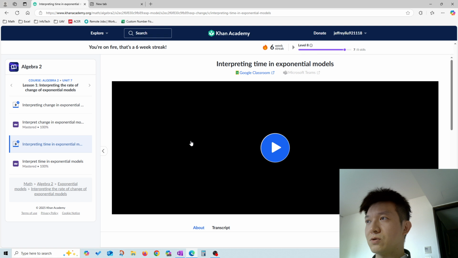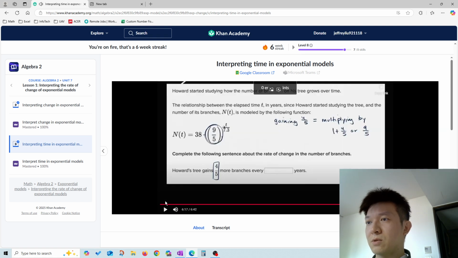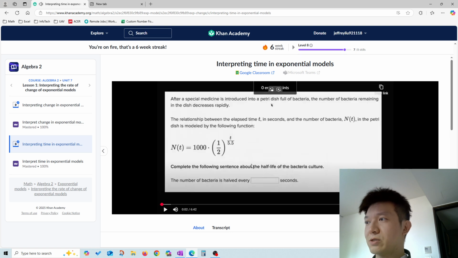Okay, that's it for this section. Let's move on to this. The same problem with 9/5, just more practice. Now it's 1/2, and it is asking you about the exponent. If you want to halve the number of bacteria every second, for how many seconds?